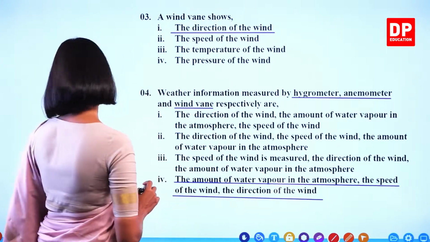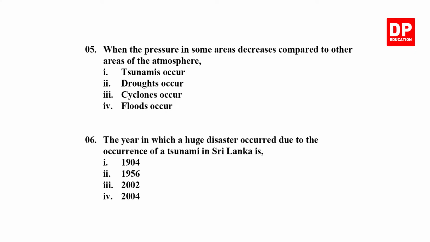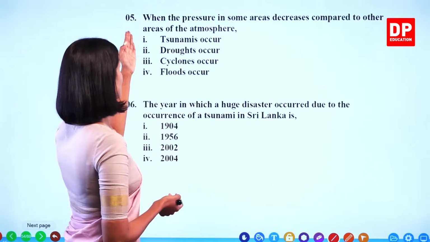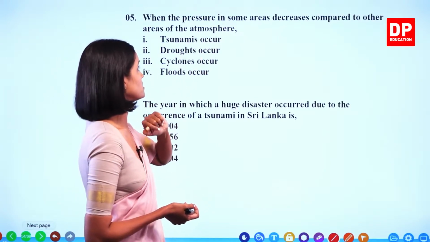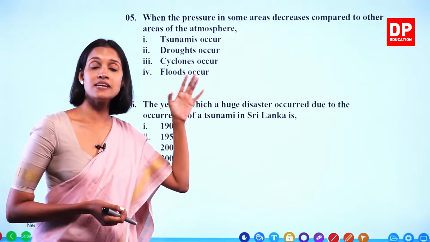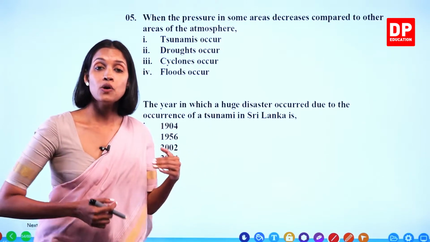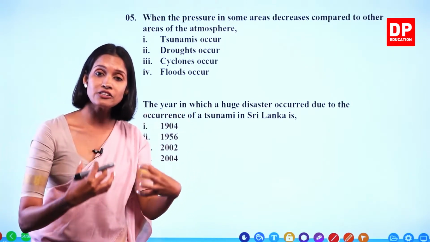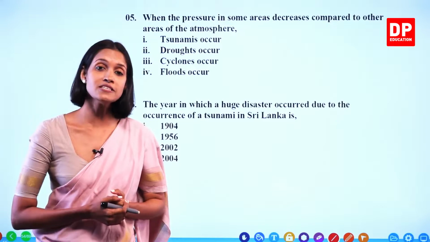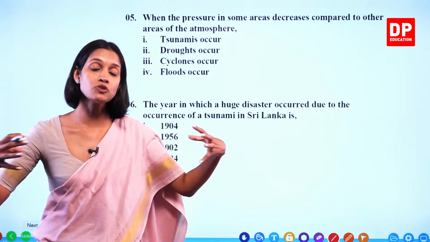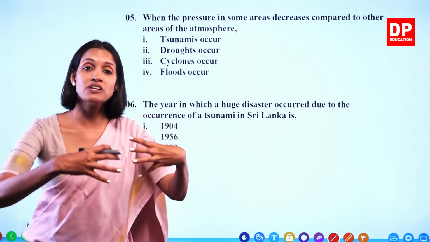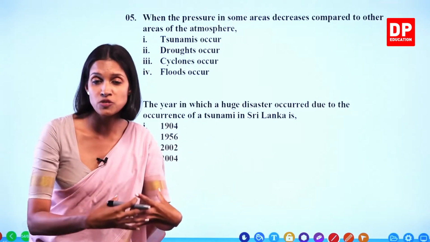Right, children? Number 5. When the pressure in some areas decreases compared to other areas of the atmosphere. Now we learn this under natural disasters. When the air pressure highly decreases compared to other areas, you all know that wind blows to that low pressure area at very high speed.